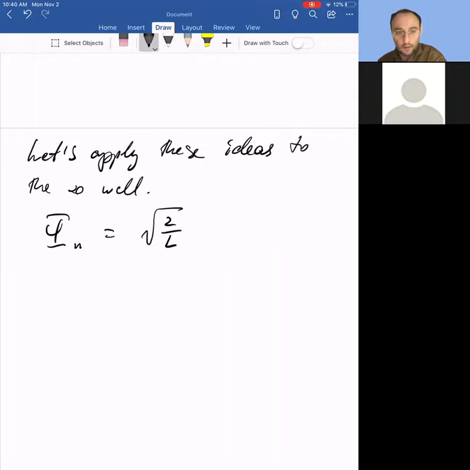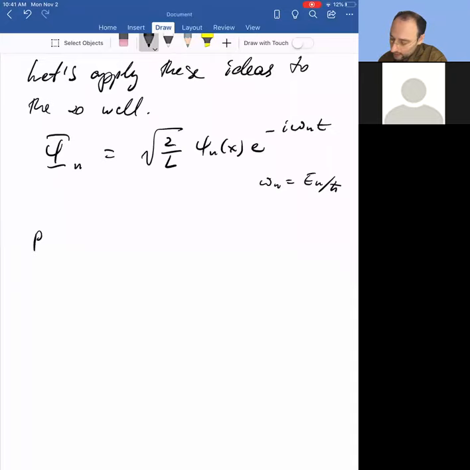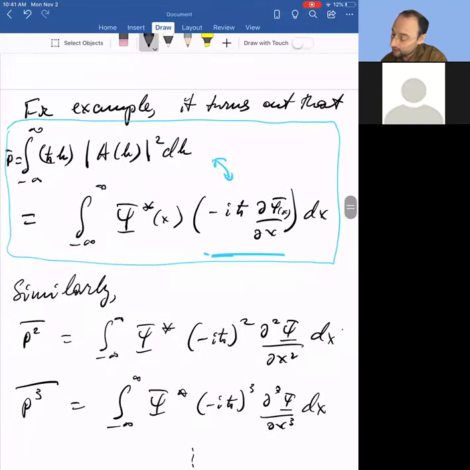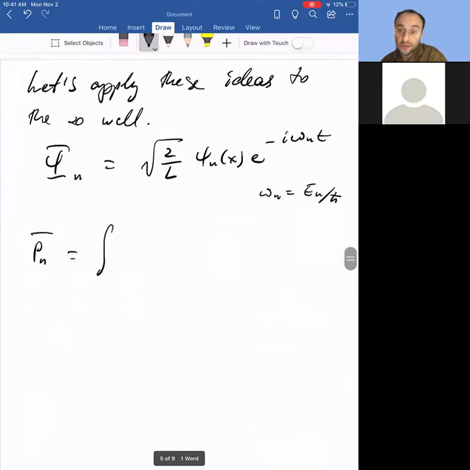They're all pre-normalized for your convenience. So let's see, Pn, average momentum. I'm just going to apply this rule. Take the wave function, take its complex conjugate, and multiply by minus i h bar, and multiply by the derivative of psi. Strange contraption, isn't it?